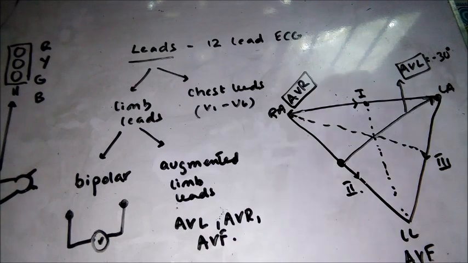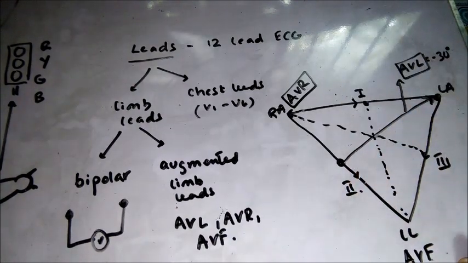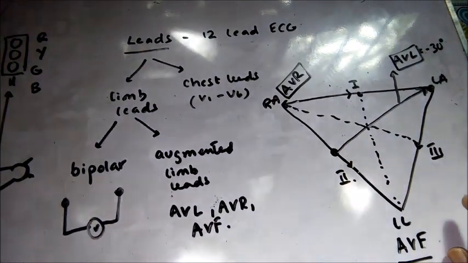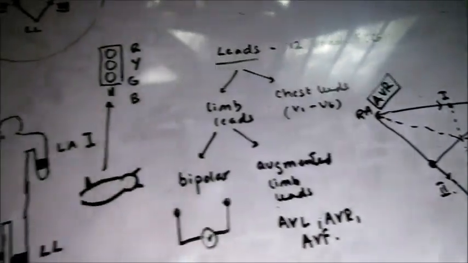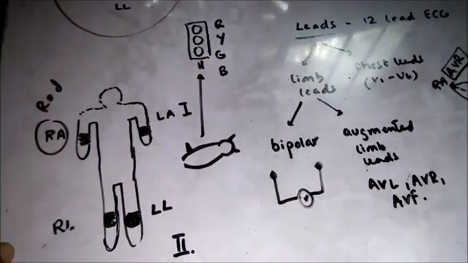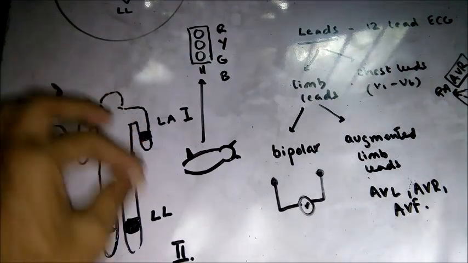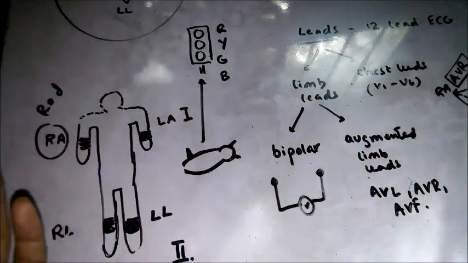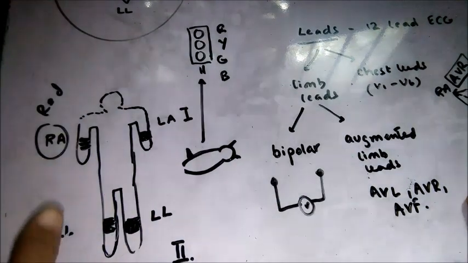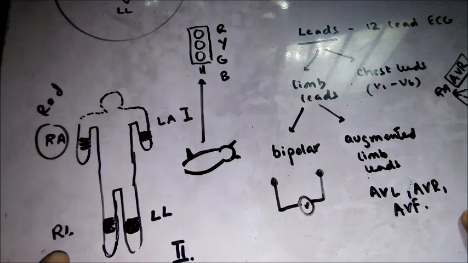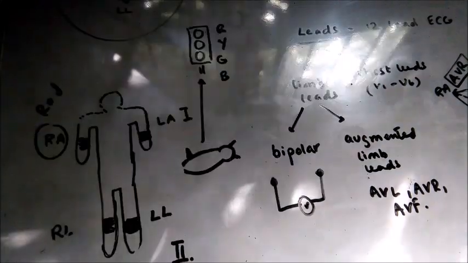And AVF is oriented right downwards, at an angle of 90 degrees. So in this way, just by attaching electrodes at 4 points, we can get 6 different angles, 6 different leads, by which we can visualize the electrical activity.